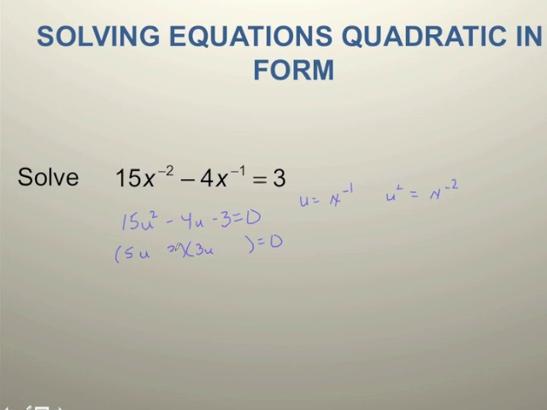Well, if I made this 3 and 1, negative 9 and positive 5 would give me the negative 4. So u equals 3/5 and u equals negative 1/3. But that's x to the negative 1 equals 3/5. So the reciprocal, x equals 5/3. And x to the negative 1 equals negative 1/3. The reciprocal, x equals negative 3.